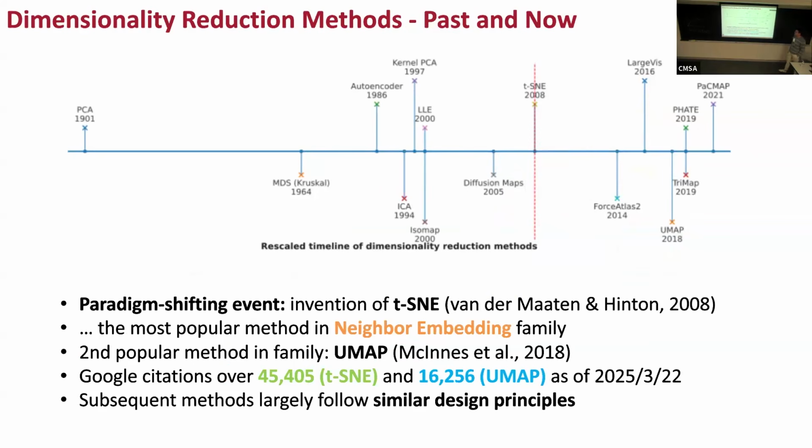Towards the end of the 20th century, we first have a large variety of nonlinear embedding methods like kernel PCA, Laplacian eigenmap, local linear embedding, etc. The family of algorithms that we're going to focus on today starts from a 2008 publication in the Journal of Machine Learning Research called t-SNE, proposed by Van der Maaten and Hinton.